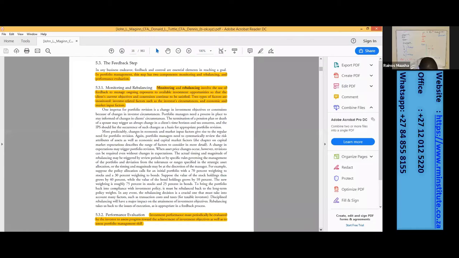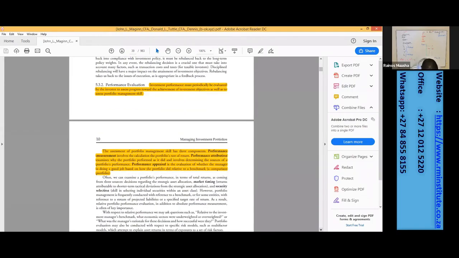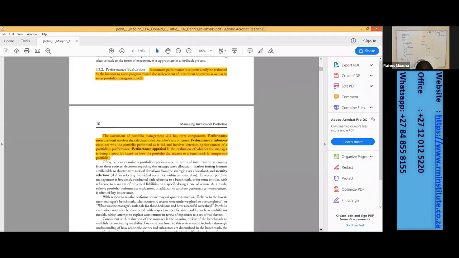Then the second component is performance evaluation. And when you look at performance evaluation on section 5.3.2, they say performance evaluation is that investment performance must periodically be evaluated by the investor to assess progress toward the achievement of investment objectives, as well as to assess portfolio management skills.